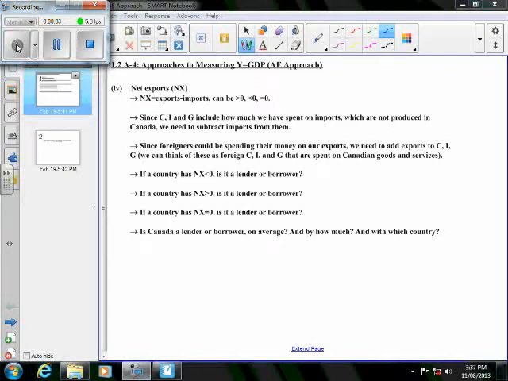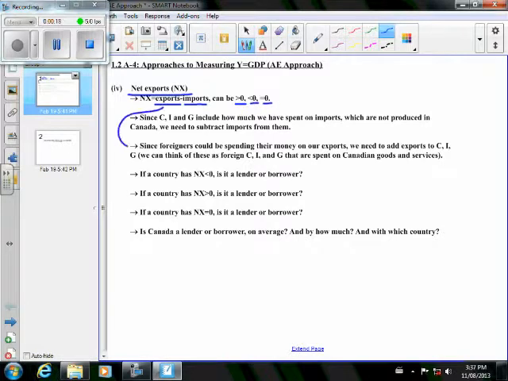The fourth component of aggregate expenditure is net exports. Net exports, defined as exports minus imports, could be positive, negative, or equal to zero. Exports refer to the fact that some of the goods and services that Canadian firms produce are sold to other countries, for example, the US.